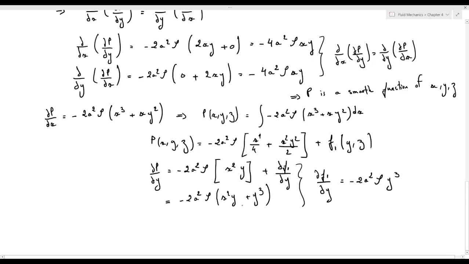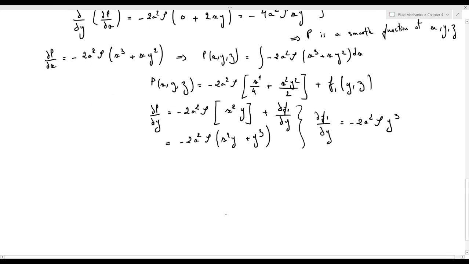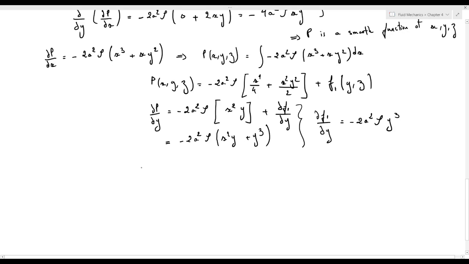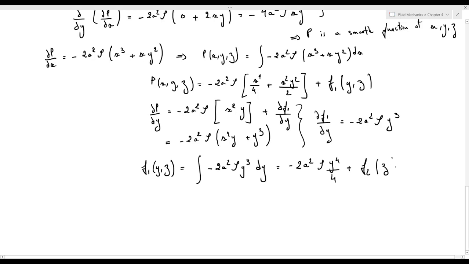Then if we partially integrate f1 with respect to y, so f1, which is a function of y and z, is equal to the integral of minus 2a² ρ y³ dy, which is equal to minus 2a² ρ y⁴/4 plus another function f2, which is a function of z.